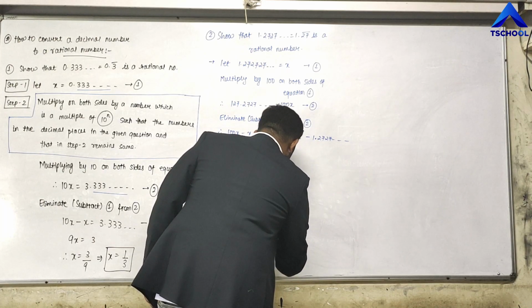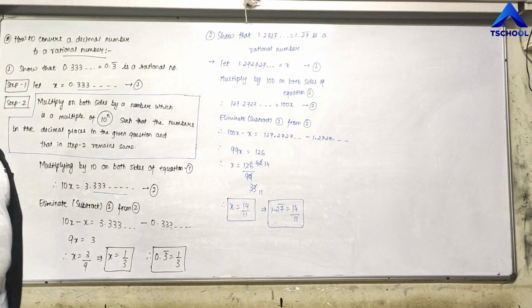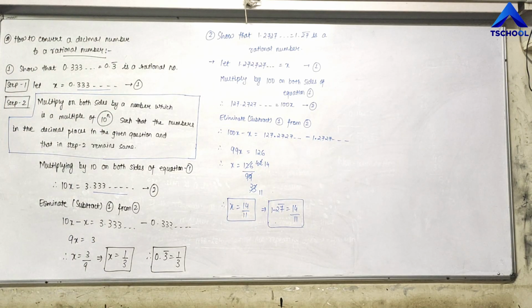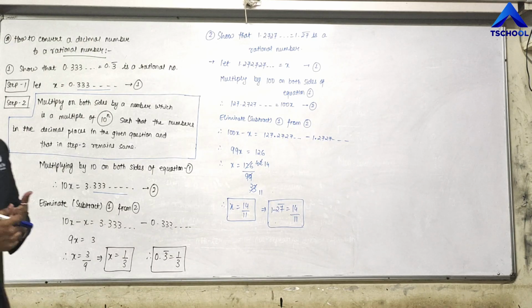Is it clear, friends? So in this way we can obtain the rational number of any decimal expansion.